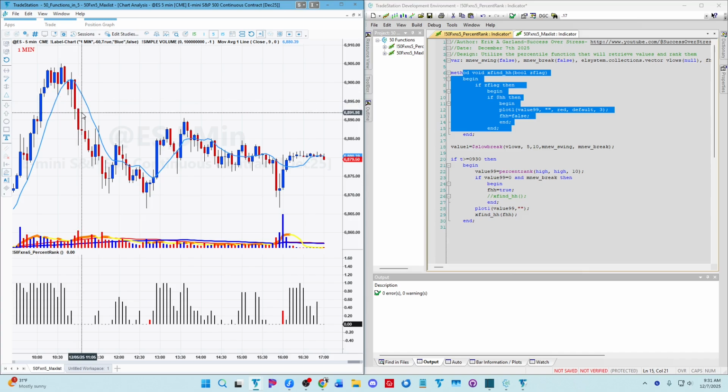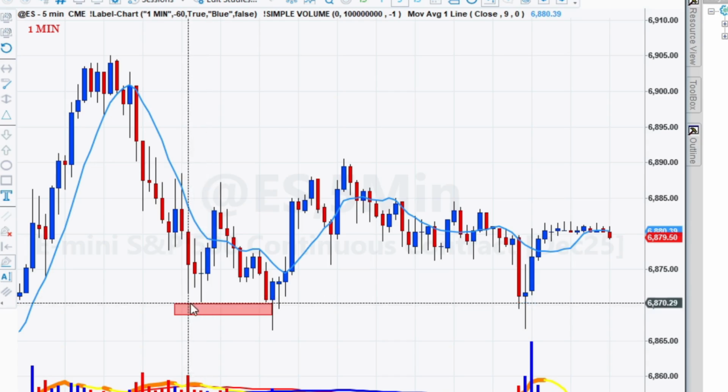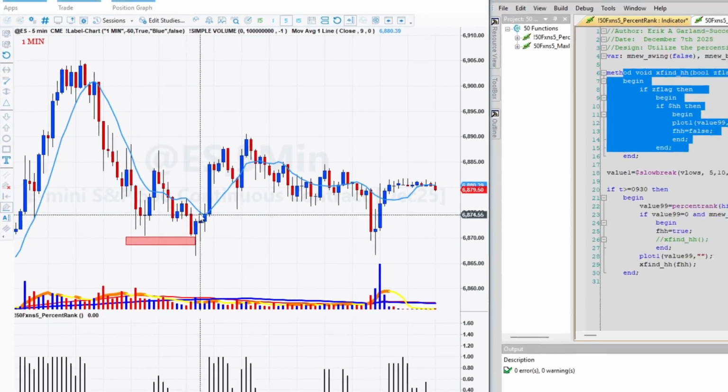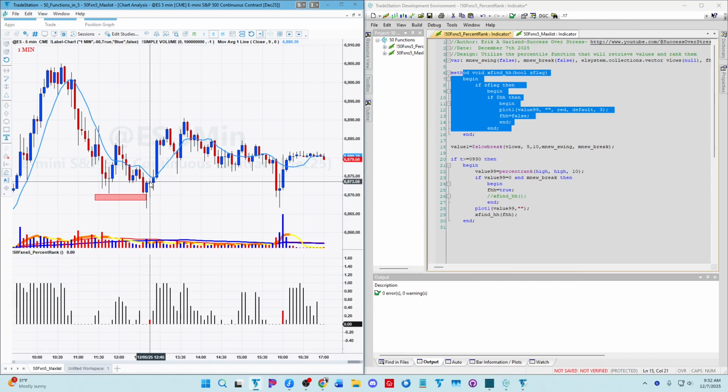As we're coming down, we're making these lower highs, and we have the lowest highs of the last 10 bars. And once we have one of the lowest highs of the last 10 bars and we broke a swing low here, now our next bar, we stuck that flag to look for a new high of a bar.